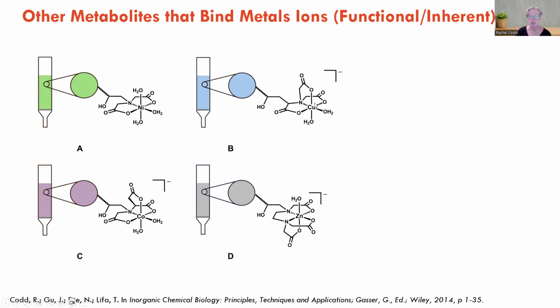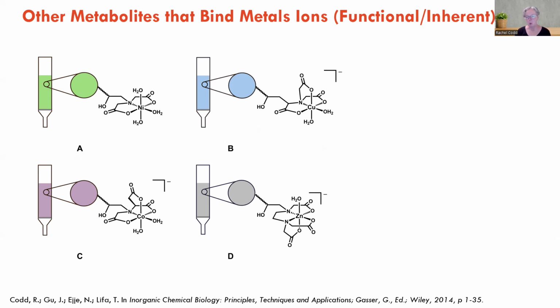So we could potentially purchase a different type of resin, which has this tetradentate ligand, known as nitrilotriacetic acid. And rather than using nickel, we could load copper into this system.